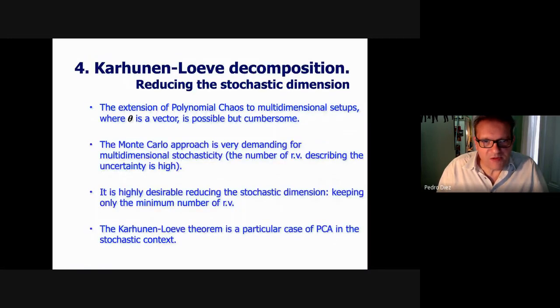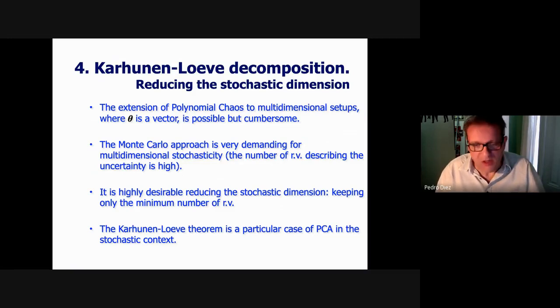The last part of the lecture is about reducing the stochastic dimension. Not only because extending polynomial chaos to multidimensional setups is complicated, but also because the complexity, or the requirement of a lot of Monte Carlo terms, increases very much with the number of dimensions of the input random variable.